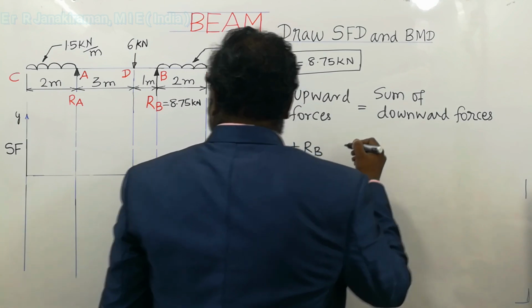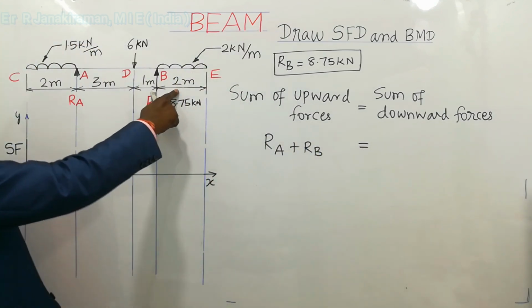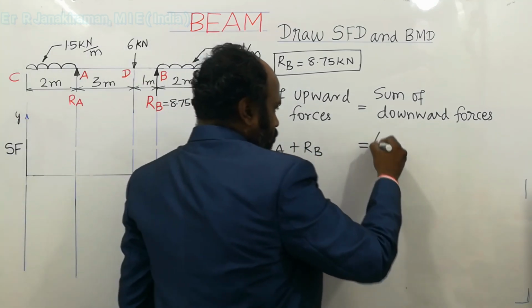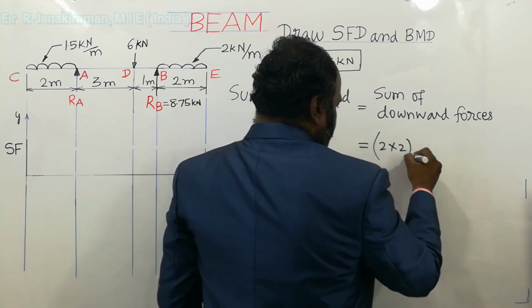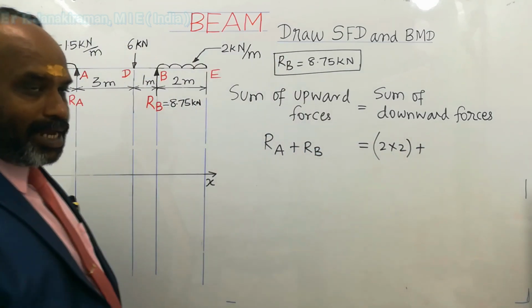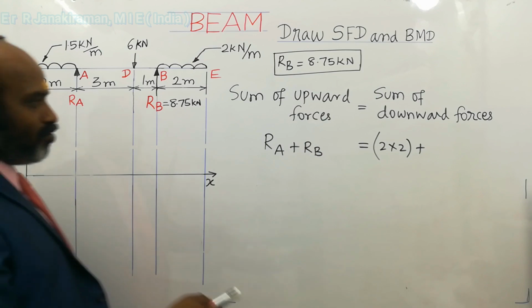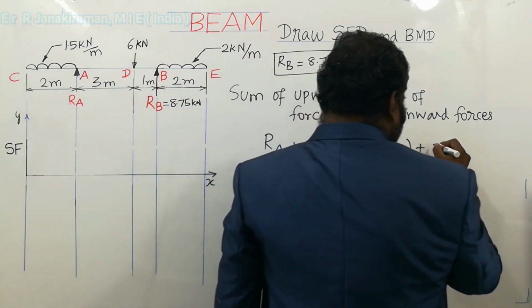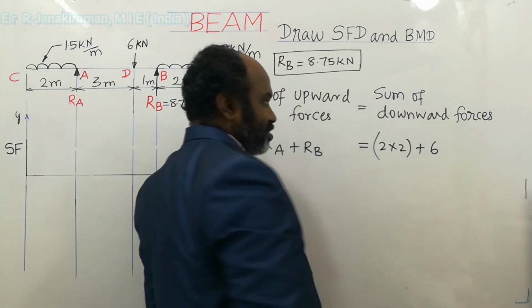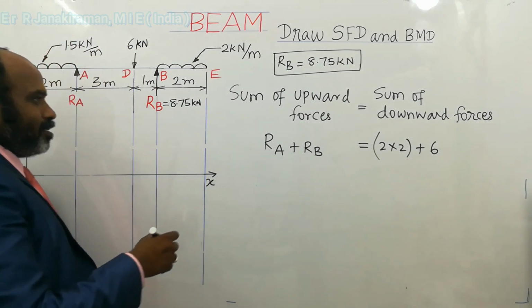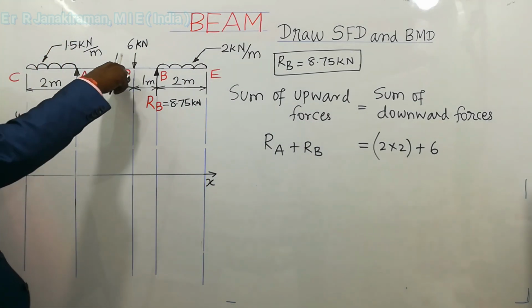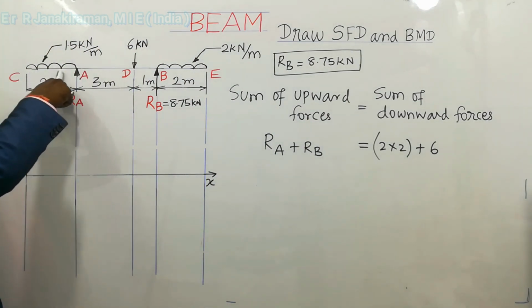So UDL value is 2 into 2 meter. 2 into 2 plus next load, 6 kilonewton is acting downward. So downward force 6, that we write on the right side, sum of downward forces are loads. Next, we have to look at this load also, it is also acting downward, 1.5 kilonewton.